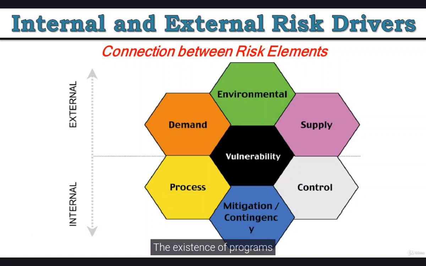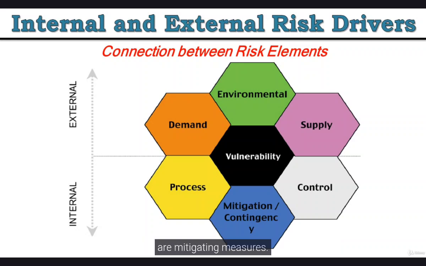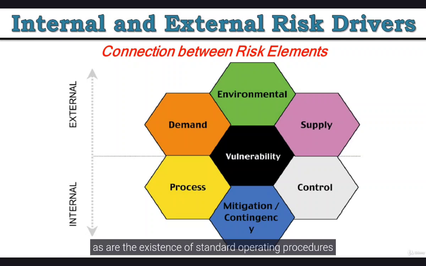The existence of programs of supply chain performance measurement and key performance indicators and investments in computer systems to assist in the management of demand and scheduling are mitigating measures. Training and people development programs are equally valuable control mitigation measures, as are the existence of standard operating procedures for perpetual inventory management.